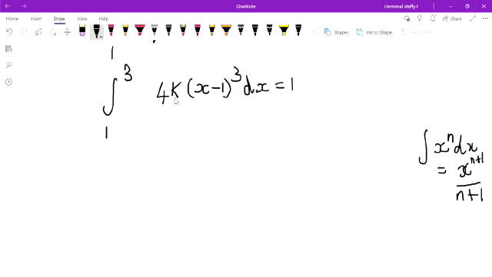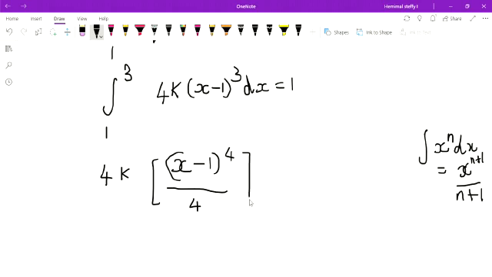I do the integral of only (x minus 1) power 3. It gives (x minus 1) whole power 4, because 3 plus 1 is 4, then divided by n plus 1, so 4.